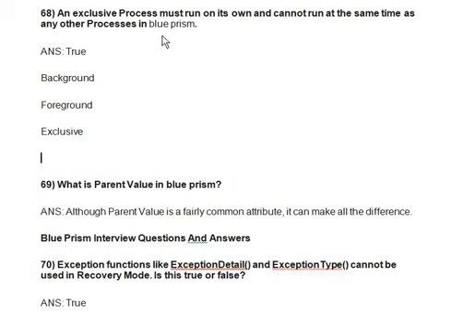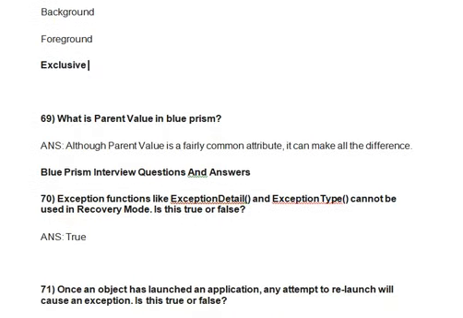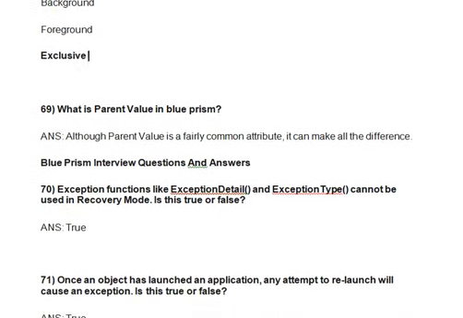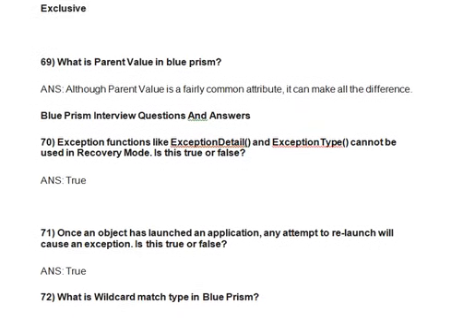Here the exclusive process must run on its own and cannot run at the same time as any other process running in Blue Prism. That is true for exclusive. What is parent value in Blue Prism? Although the parent value is a fairly common attribute, it can make all the difference. We can see what parent value is in future questions.